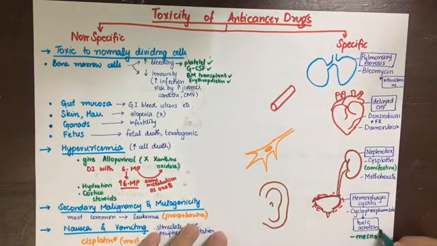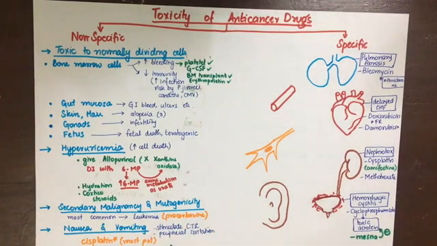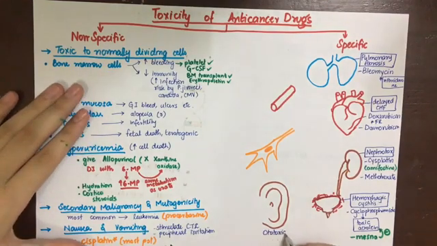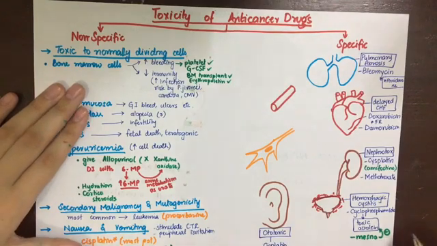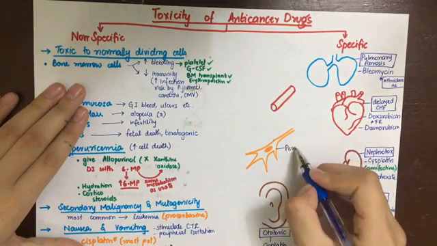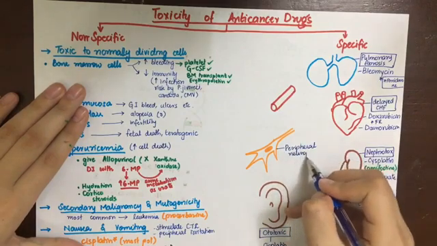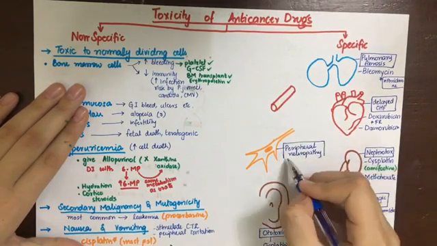This is a drug which will inactivate acrolein. Cisplatin has also been associated with neurotoxicity, that is ototoxicity leading to deafness. Peripheral neuropathy is common with vincristine and cisplatin.